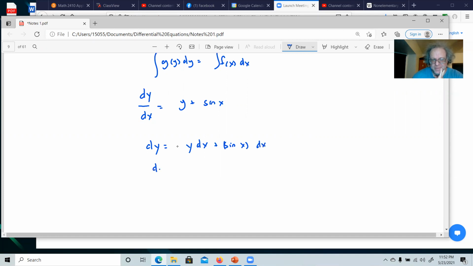And now we have dy minus y dx equals sine x dx. And I don't have this y grouped with this dy. The y and dy are not paired together, so we can't integrate both sides. You can't do this.